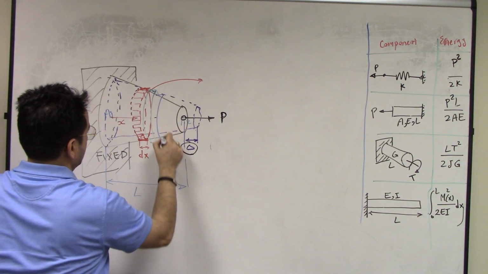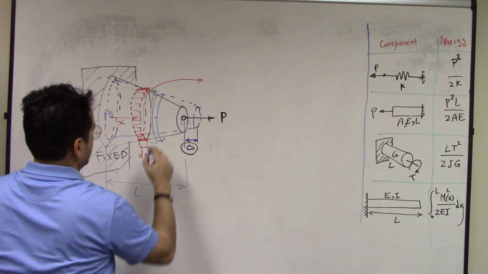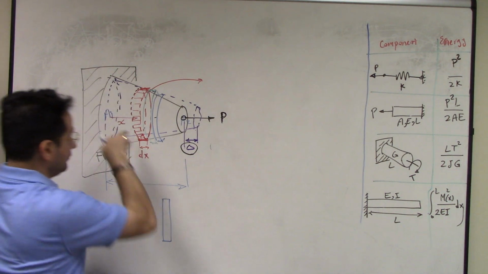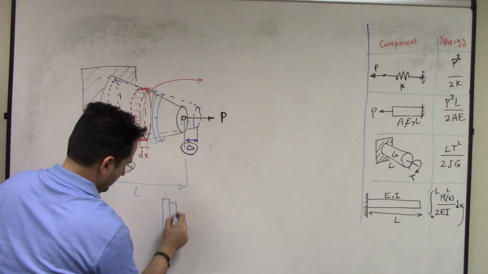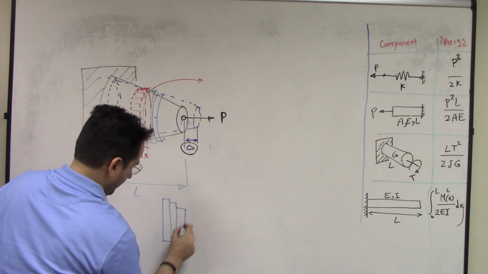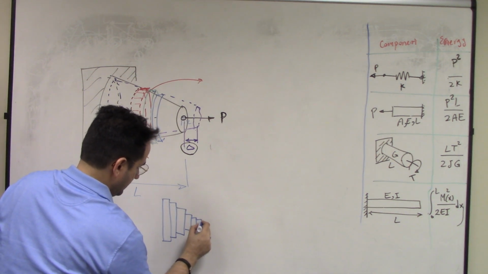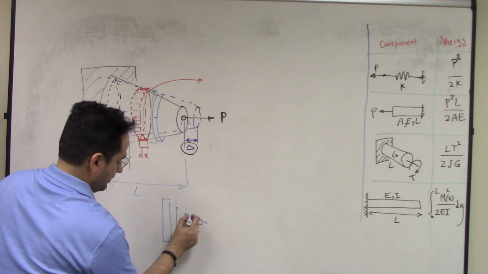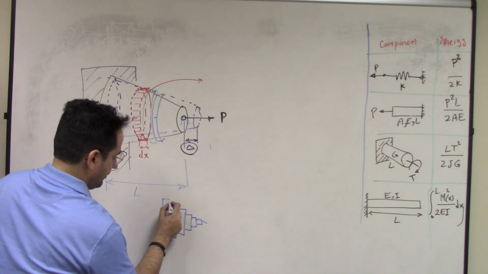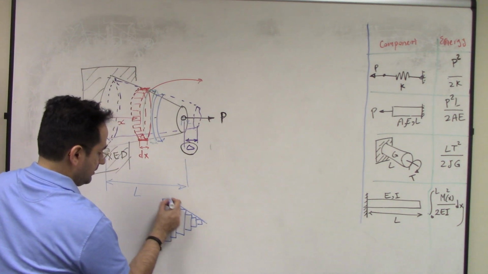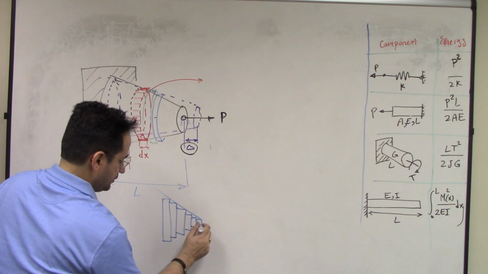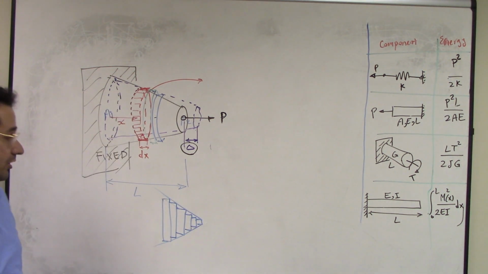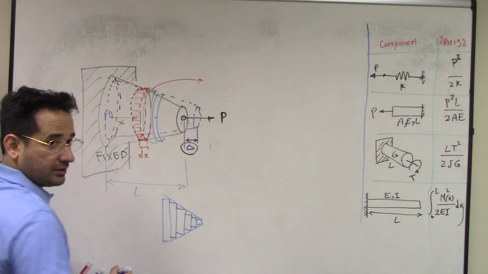One here, right? So in fact, you end up with a series. If you look at it from the side view, you end up with a series of bars connected together. And this line is going to approximate the tapered shape of the bar, the total bar, right?